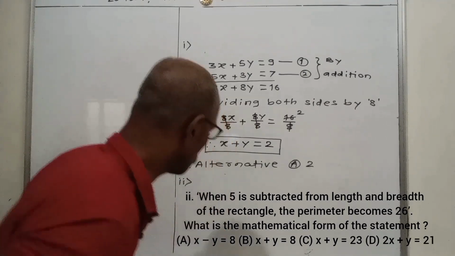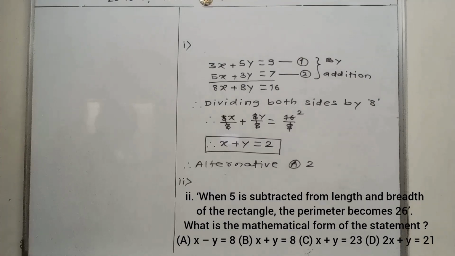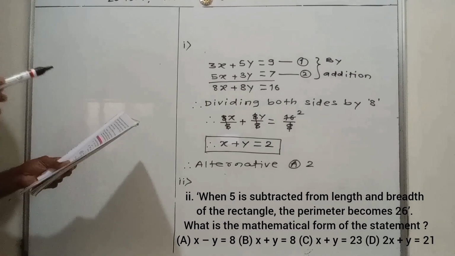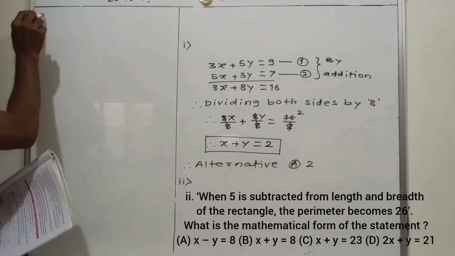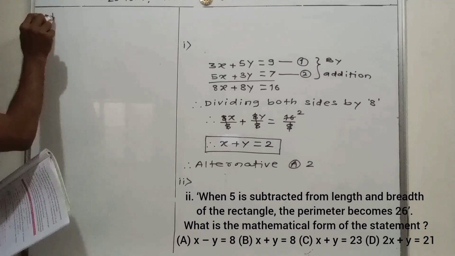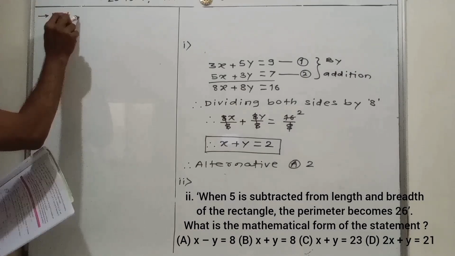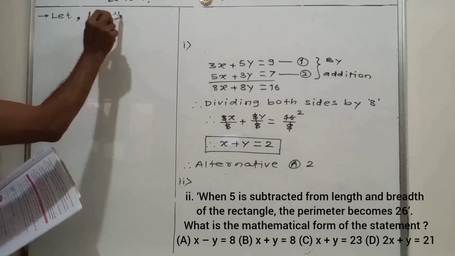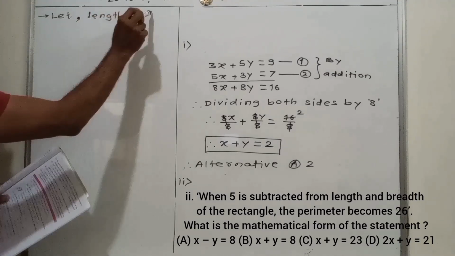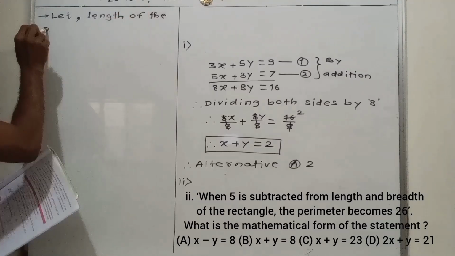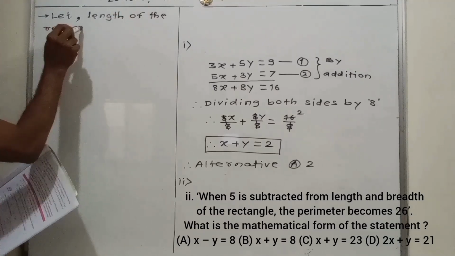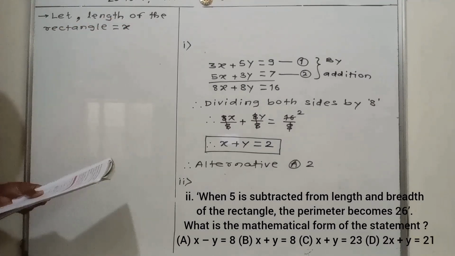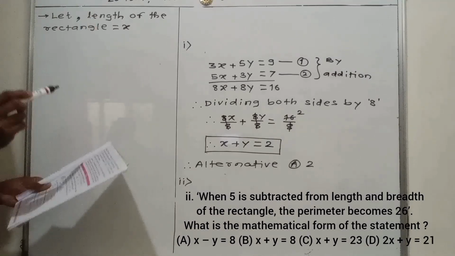Okay, see this. This is our question. Then we will find the answer. When 5 is subtracted from length, therefore we write here our answer. Let the length of the rectangle is equal to x units.